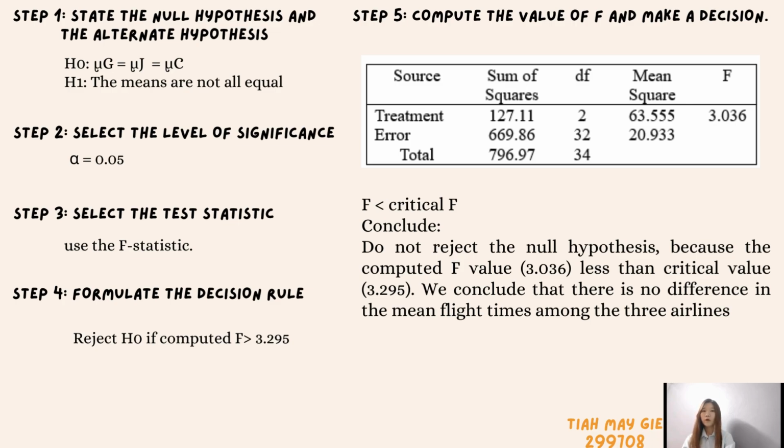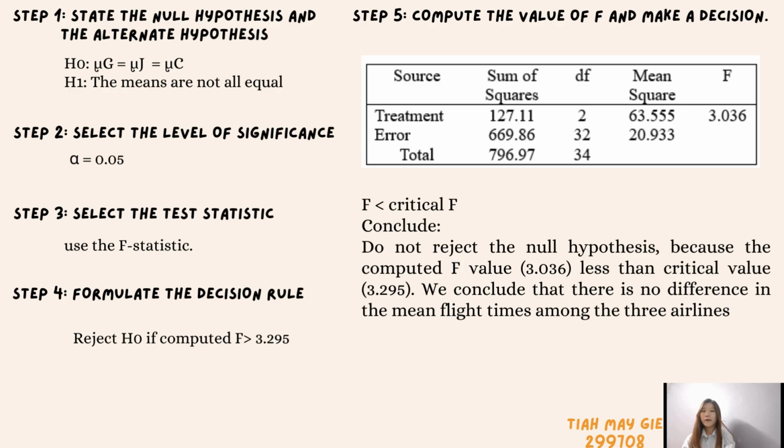After that, the mean square of treatment is the sum of squares of treatment divided by DF of treatment, which is 127.11 divided by 2, we get 63.555. Mean square of error is 669.86 divided by 32, equal to 20.933.